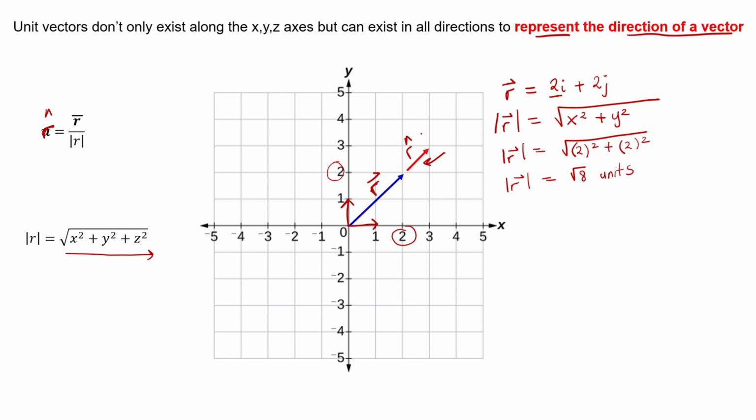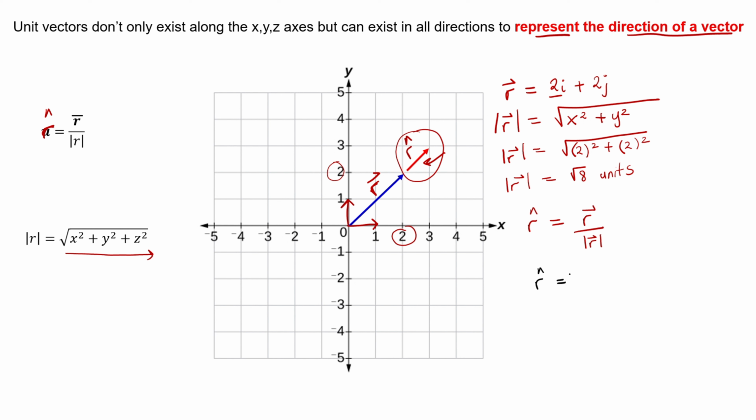So to calculate this red unit vector, what do I have to do? Basically, I have to say that r cap will be given by vector r over the magnitude of r. If I do my substitutions correctly, the unit vector r cap has a length of 1, I know, but I just want to find the vector itself.